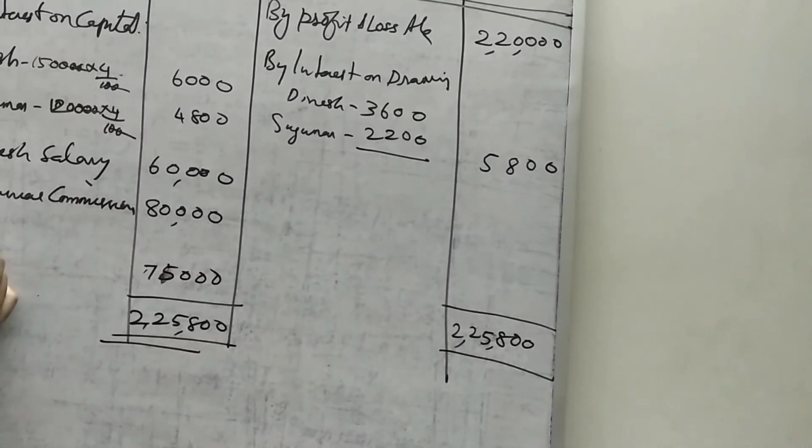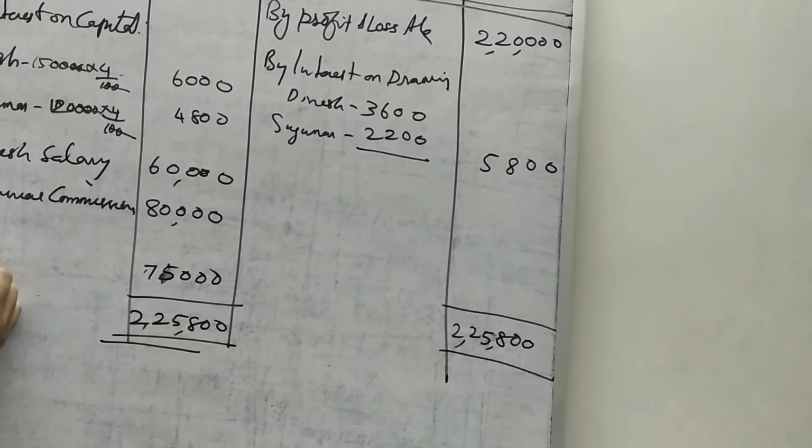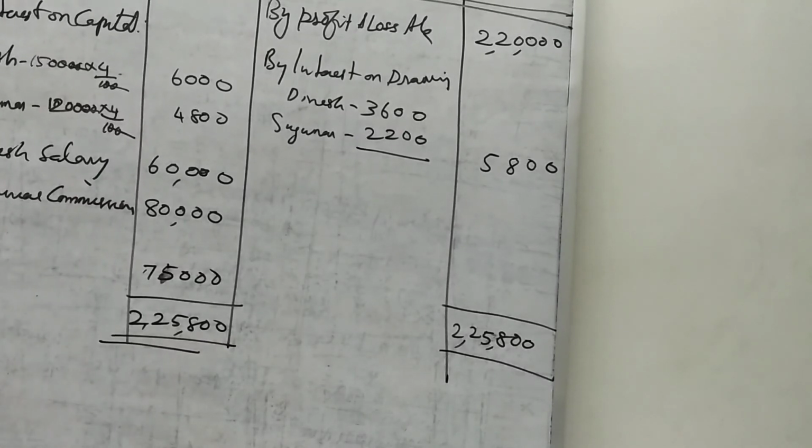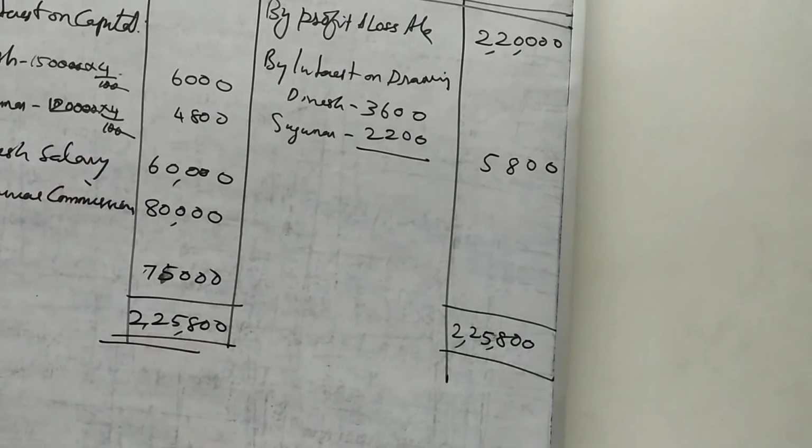So 75,000 into 2 by 3 is 50,000. 75,000 into 1 by 3 is 25,000.